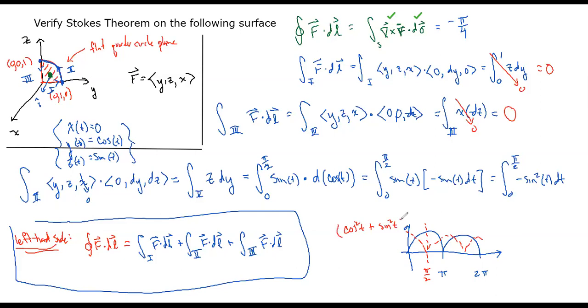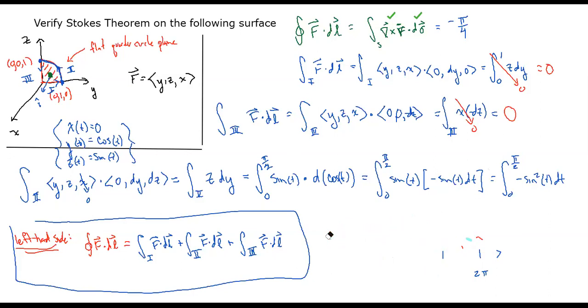But then what do you know about this? Cosine squared plus sine squared, for anything, literally, is 1. So the integral of 1 dt I can do. And because these are equal, you can figure these integrals out for the most part. So that's a helpful trick.